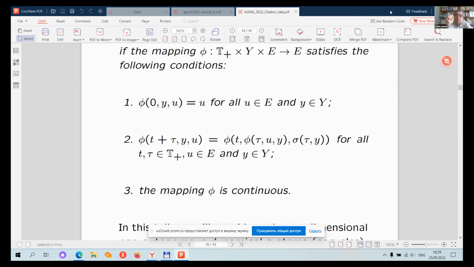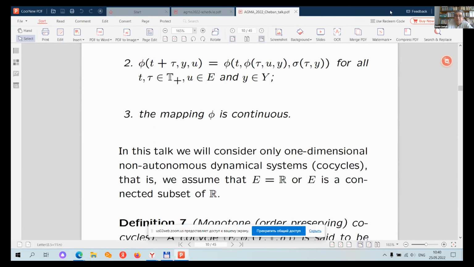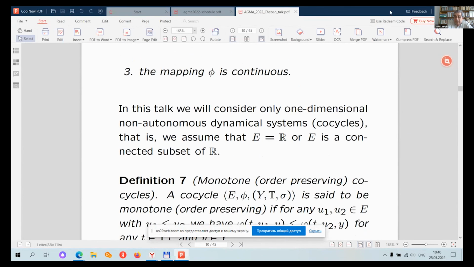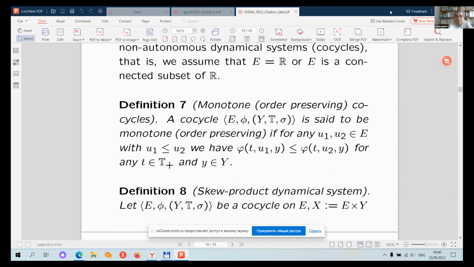The fourth is the monotonicity. We have 1, 2, 3: one is the initial condition, second is the semigroup property, third property is continuity of the function. In this case, this object is called an abstract non-autonomous cocycle or non-autonomous dynamical system. If additionally this function phi is monotone, in this case, this cocycle or non-autonomous dynamical system is called monotone or an order-preserving dynamical system.